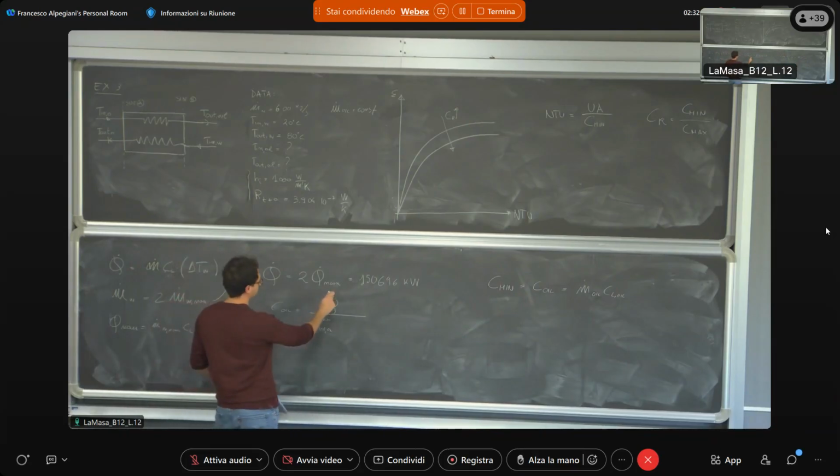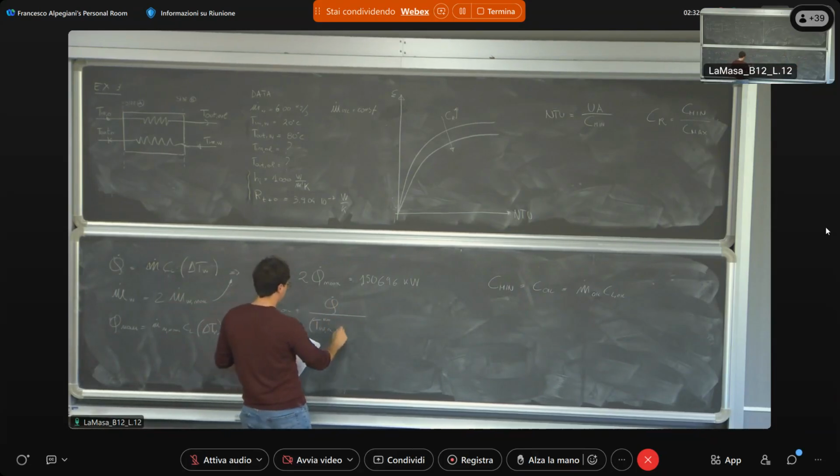So we can use the thermal power divided by the difference at nominal condition.